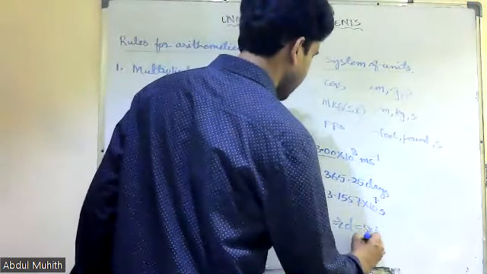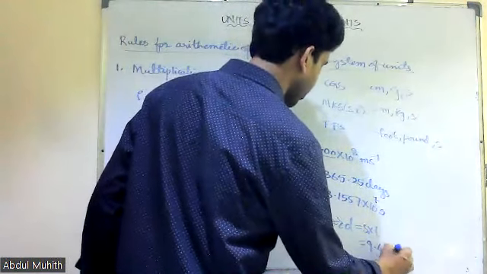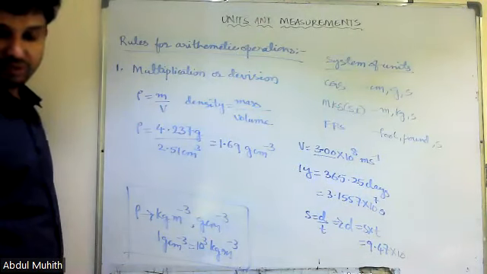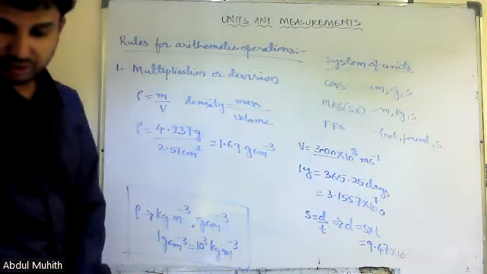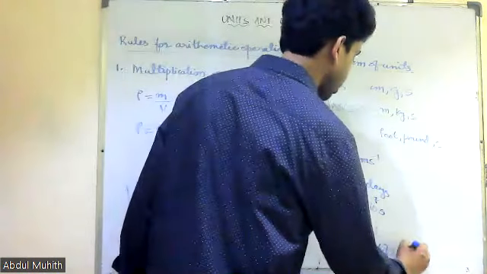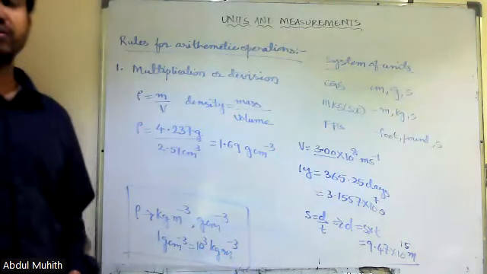If we multiply, the answer should be 9.47 into 10 to the power of 15. Okay, this is about 1 light year. Got it?